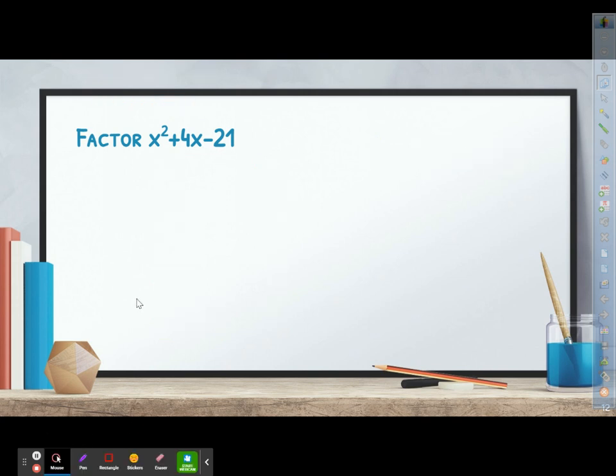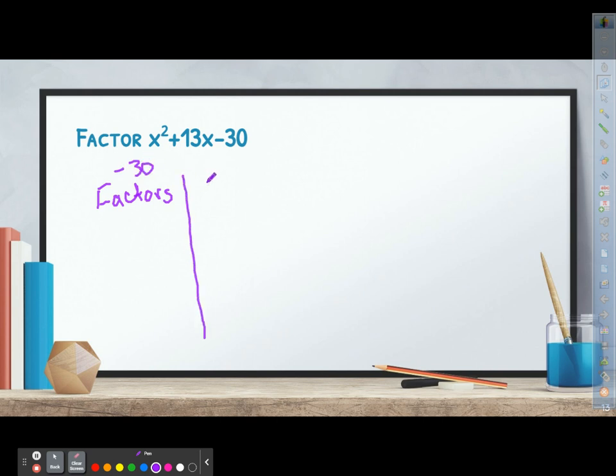Okay, let's do another one. x squared plus 13x minus 30. So factors of negative 30 that add up to positive 13.